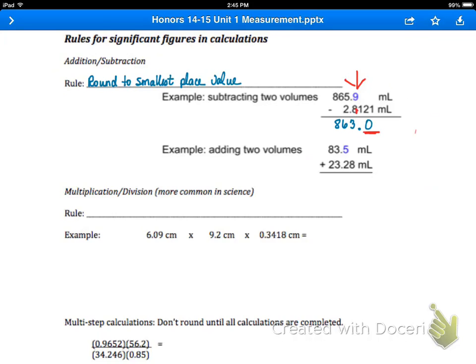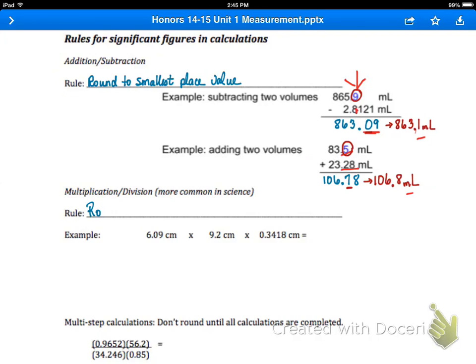Okay? Here I have 1 decimal place, 2 decimal places. I'm going to round my answer to the smaller, so I'm going to round my answer to 1 decimal place. So first I do the whole calculation, and then I round to the smallest. Okay? So in both cases, I want 1 decimal place here.